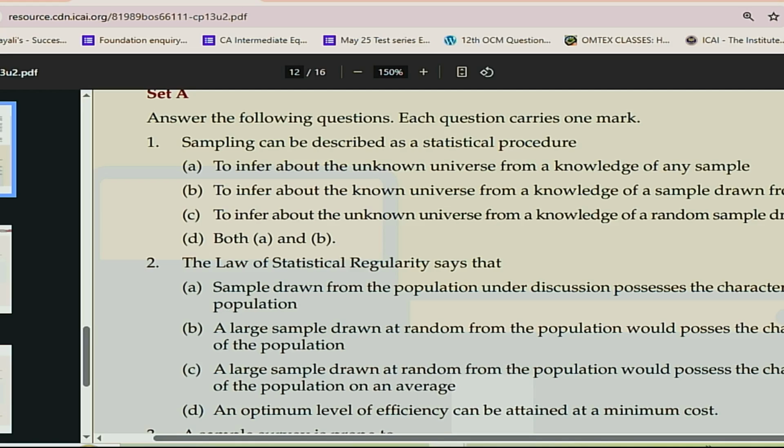C. To infer the knowledge, infer about the unknown universe, or is it both A and B? Palak, what is the correct answer? You have given option C there also?